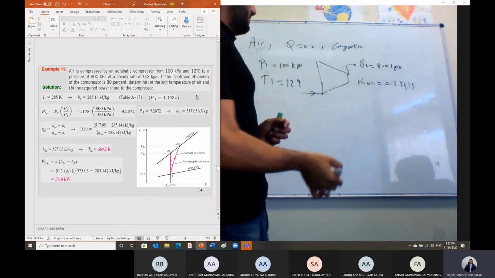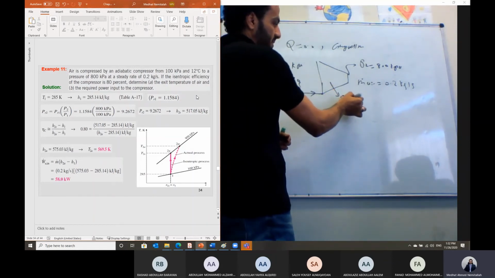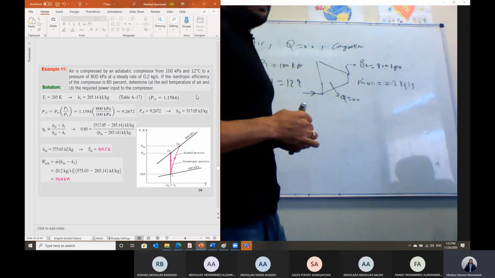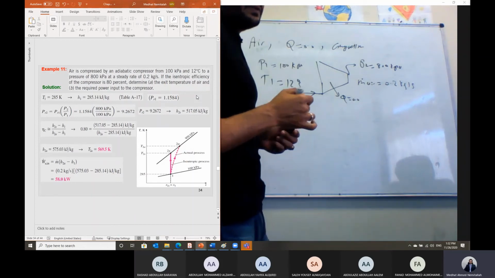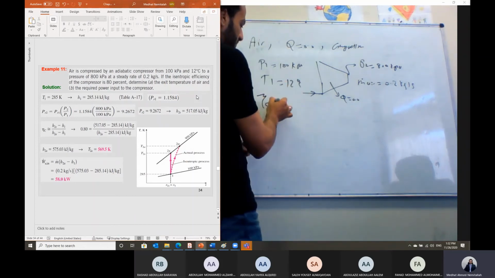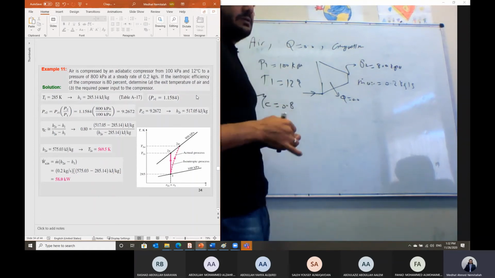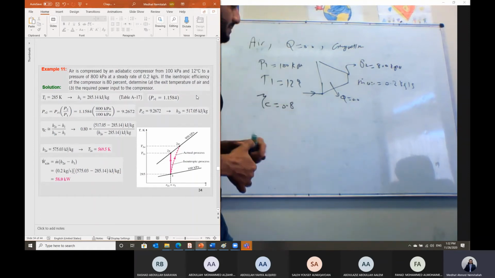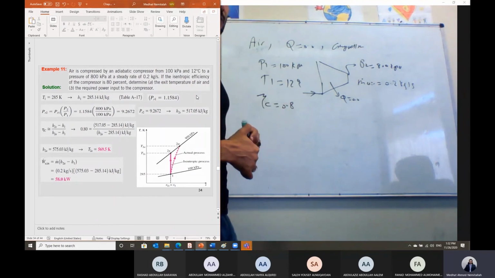This compressor is adiabatic, so there is no heat transfer. The isentropic efficiency of the compressor is 80%, which is 0.8.